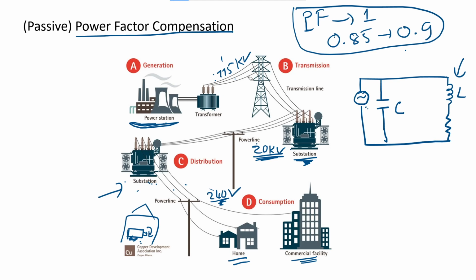Then you use a transformer to drop it to medium voltage. You use medium wire, but then you have another substation to drop the voltage to just the range of 240 volts for residential use.